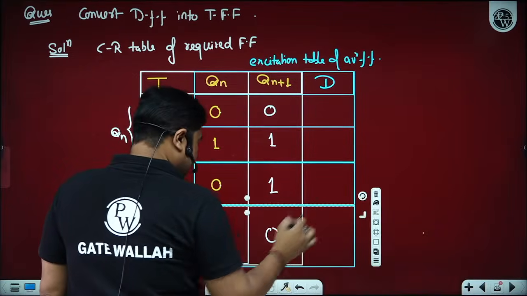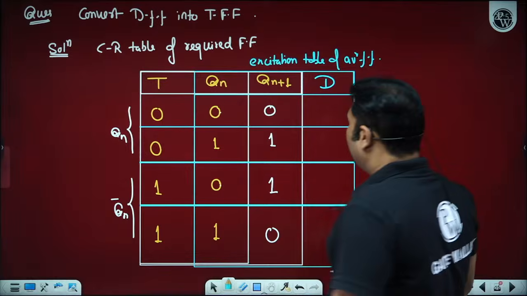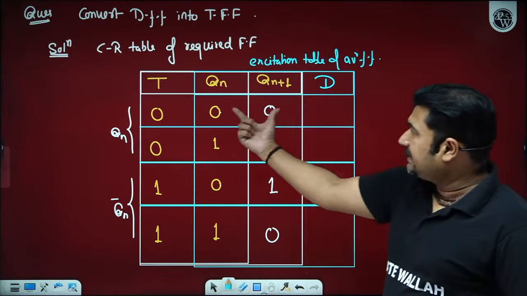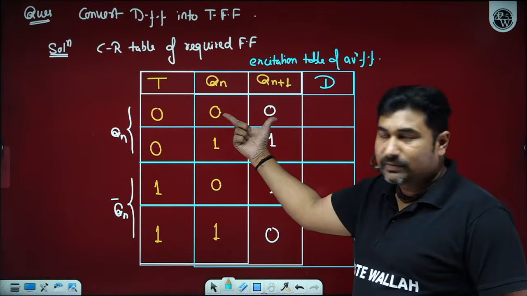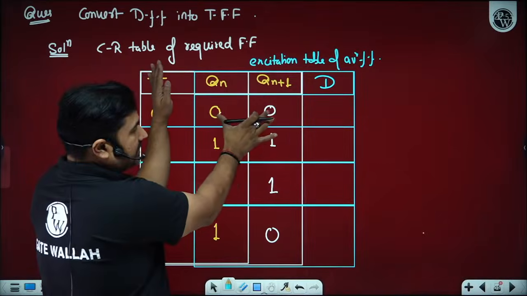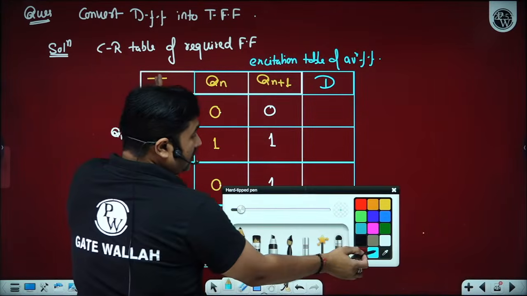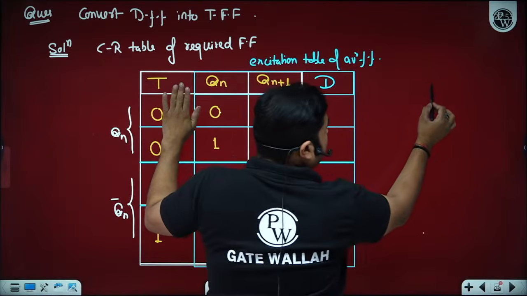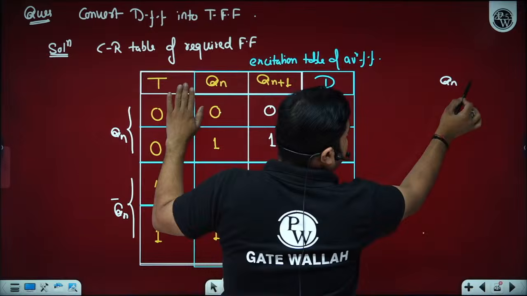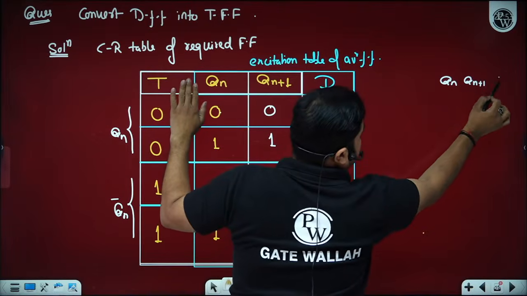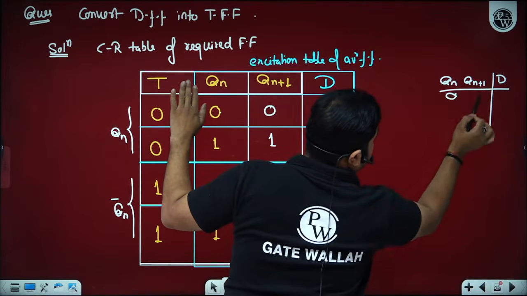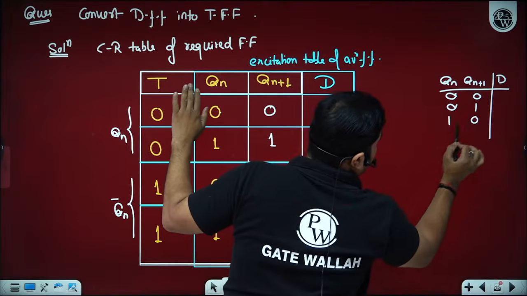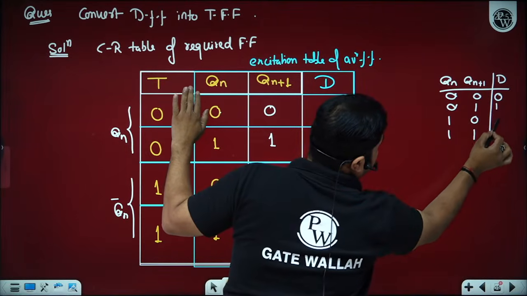Please observe. For present state 0 and next desired state 0. We all know D flip-flop is a transparent latch. Also, we all know the excitation table of D flip-flop: 0, 0, 0, 1, 1, 0, 1, 1. So 0, 1, 0, 1.